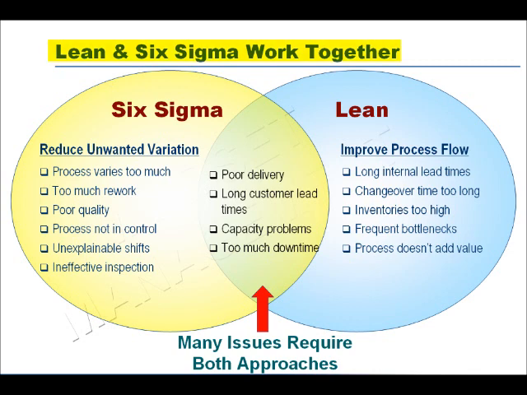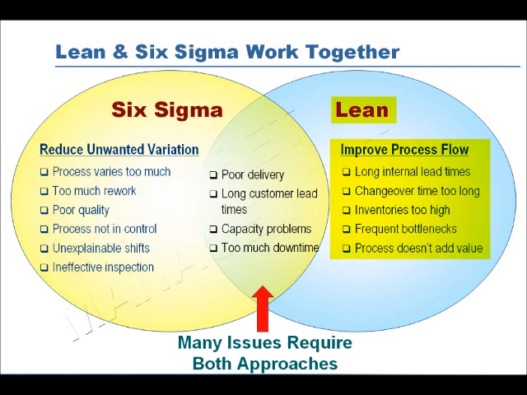Lean and Six Sigma work together. Six Sigma addresses issues like process varies too much, rework, poor quality, process not in control, unexplainable shifts, ineffective inspection.